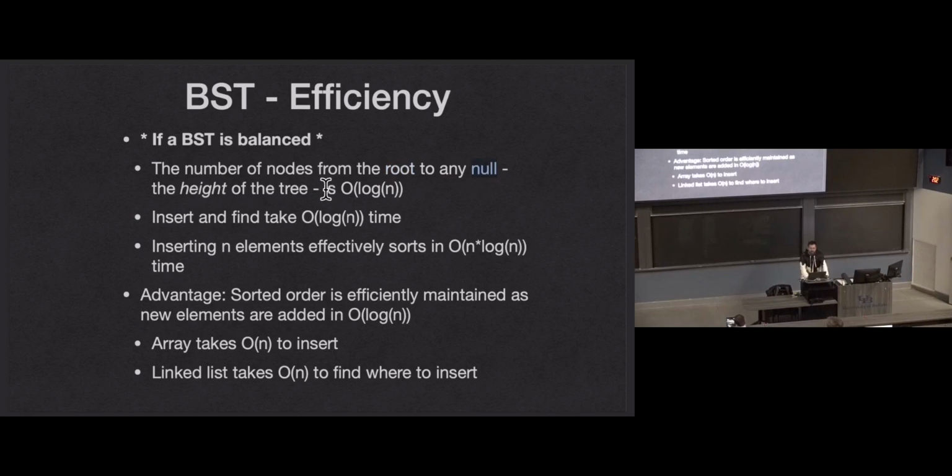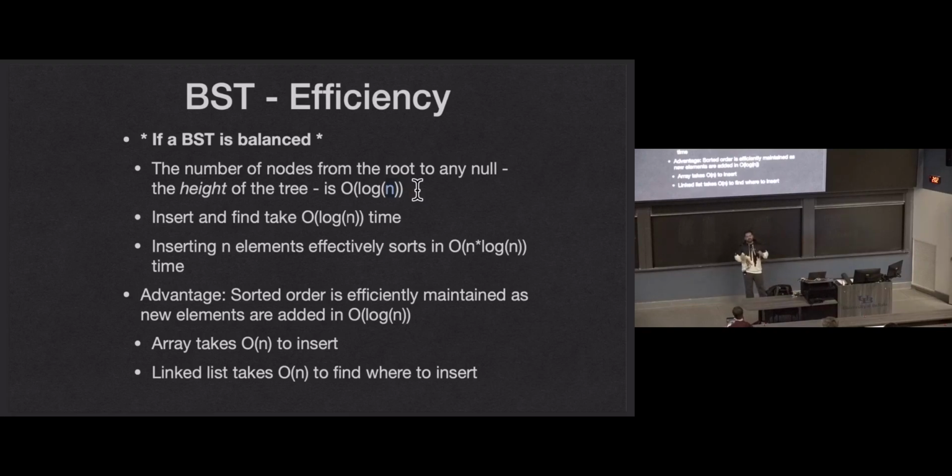And the height of a balanced binary tree is O of log n, where big O, this is our asymptotic notation, means in the worst case. The absolute worst we can do is log n if it's balanced. And n is the number of values in the tree. So the number of nodes is equivalent to the number of values, that would be n in this case.